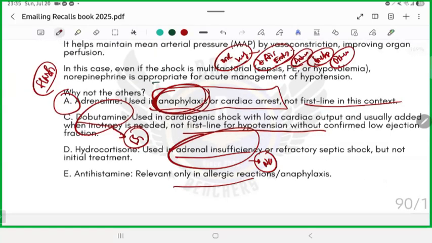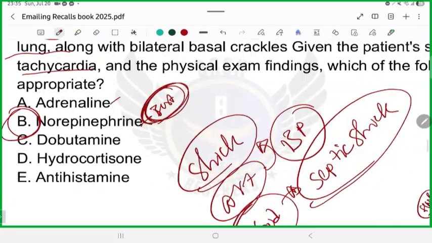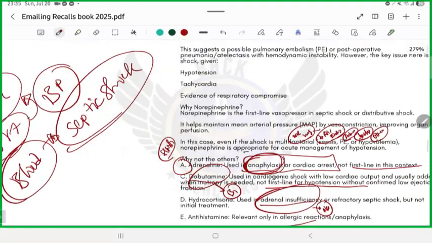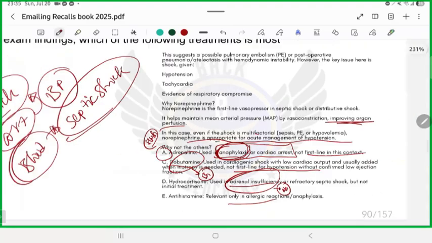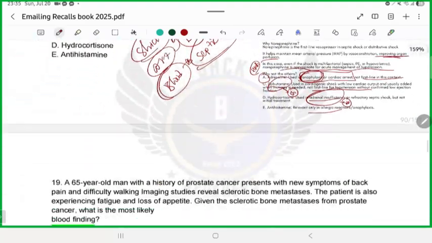Antihistamine, anyway. So norepinephrine would be the best choice here because it will help maintain the mean arterial pressure by vasoconstriction, improving organ perfusion. Here I have written down the things in a little bit of detail. I will give you that in our flashcard.